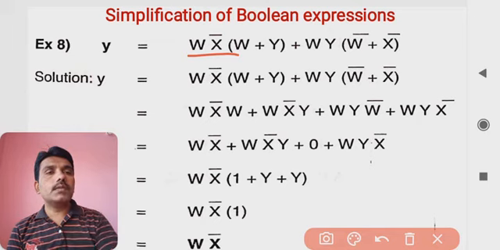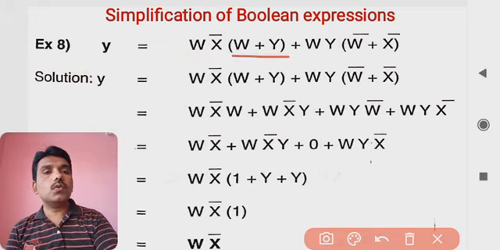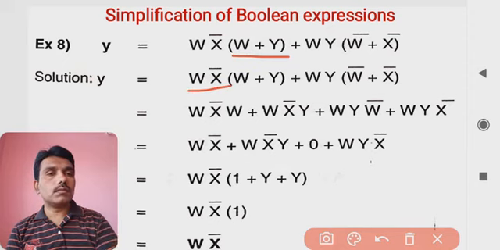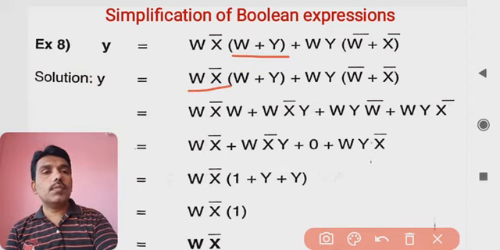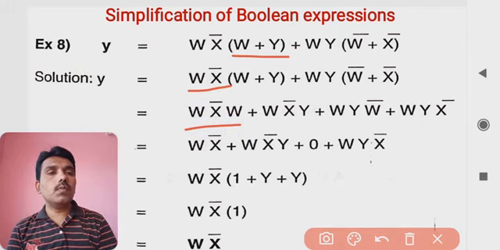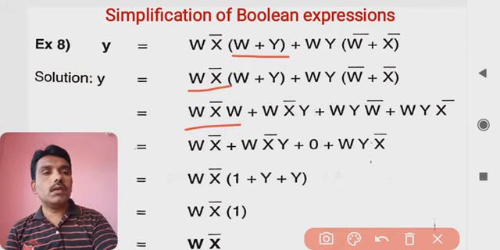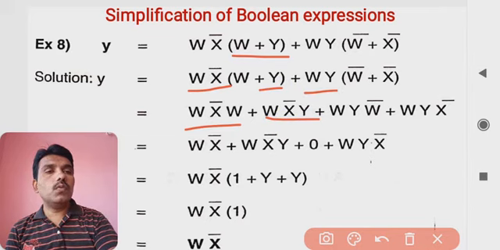Simply multiply with the terms in the bracket. So wx complement into w, that is wx complement w, plus wx complement y, plus wy w complement, plus wy x complement.